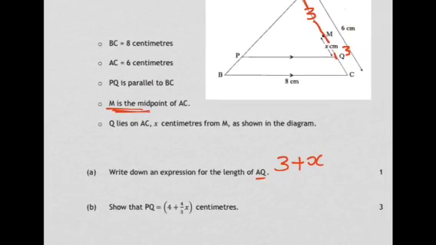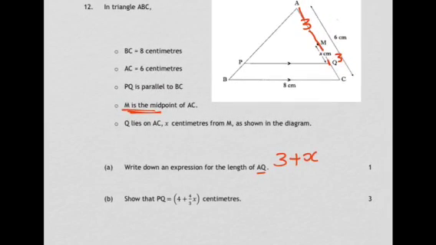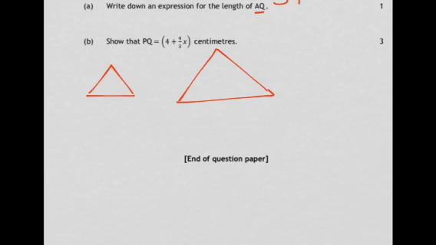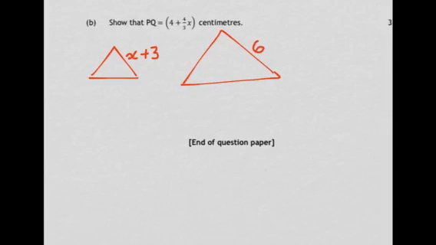Part B, and then you have to show that the length of PQ is given. So we're going to find the length of PQ. So it's a similar triangles question. So let me draw what the triangles look like. You've got the little triangle and the big triangle. Now this side on the big triangle is 6. This side on the little triangle is x add 3. This side on the big triangle is 8.